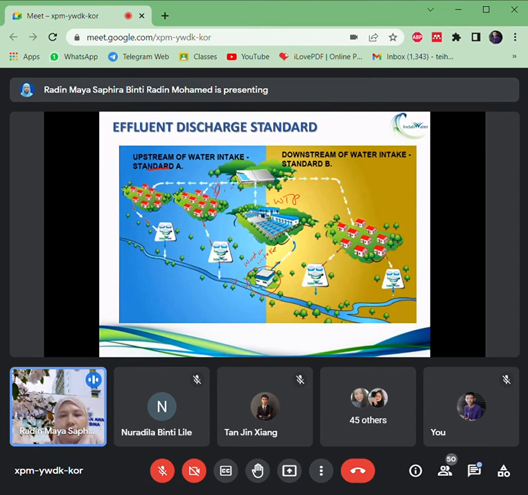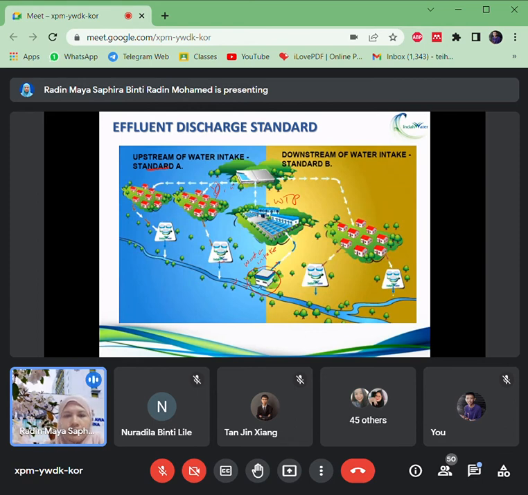Okay, if for example Kevin punya rumah kat sini kan, Kevin, sebab dia dah selepas daripada intake, tapi still we need to check the effluent treated kat sini, right? So rumah Kevin must comply with standard B sebab dia dah after the water intake.